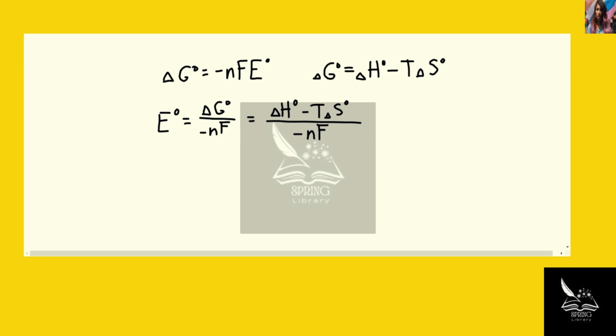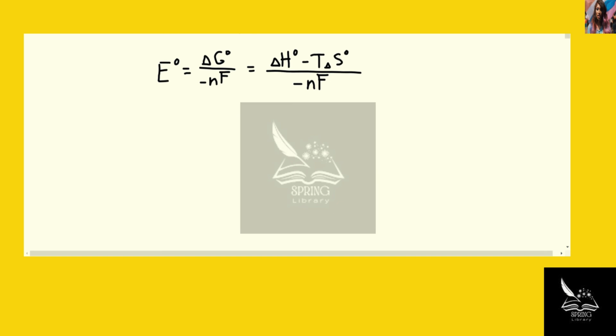In order to determine these values graphically, we need to rearrange our derived expression for the standard cell potential as a function of temperature to form the equation of a line, so that we can easily see how, when we graph those two values, temperature is the x variable and cell potential is the dependent y variable.